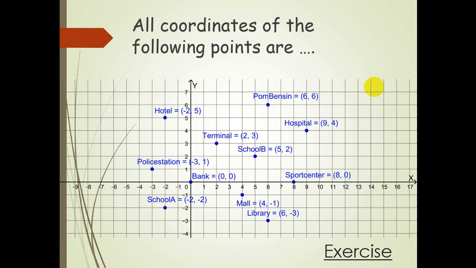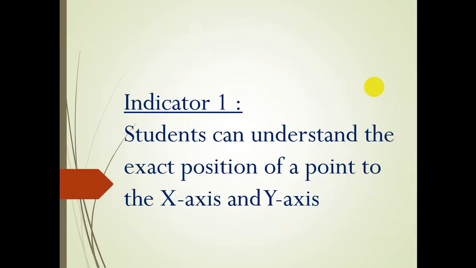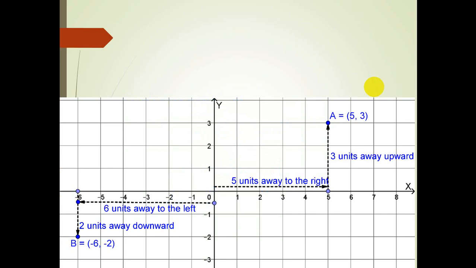How do we get that? Indicator number 1: students can understand the exact position of a point relative to the x-axis and y-axis. This is the explanation for the previous question. Take a look. Point A is located here, and it is 5,3. What does it mean? 5 means 5 units away to the right and 3 units away upward.